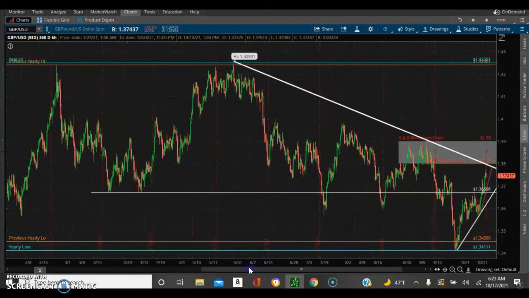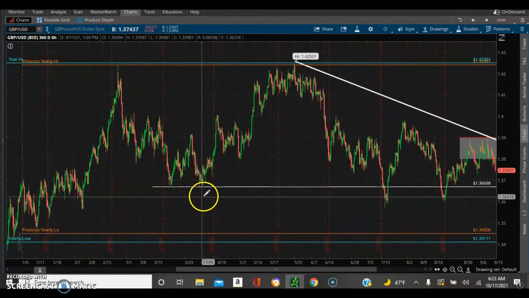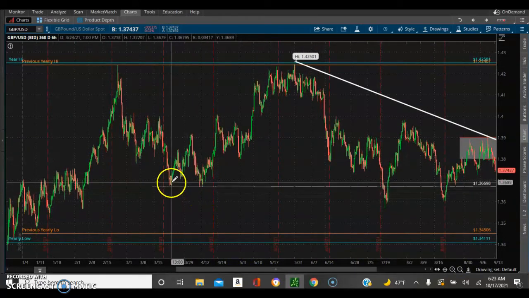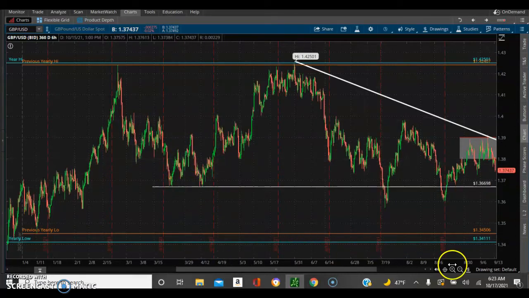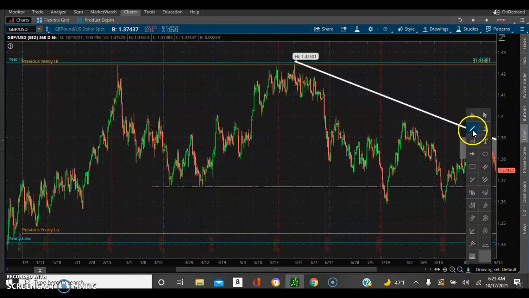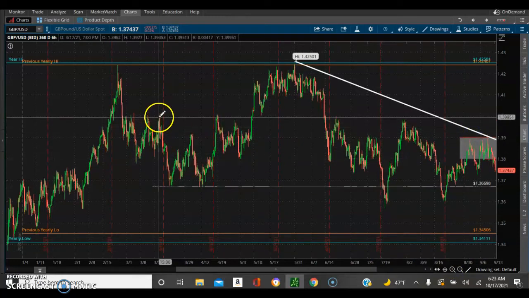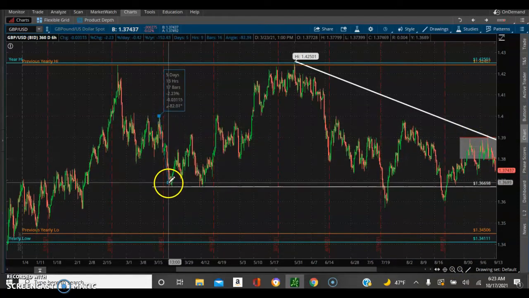So the market continued to move to the upside. It gave us a double bottom reversal pattern. If you guys didn't see that, let's get that marked real quick. Created a double bottom reversal pattern.